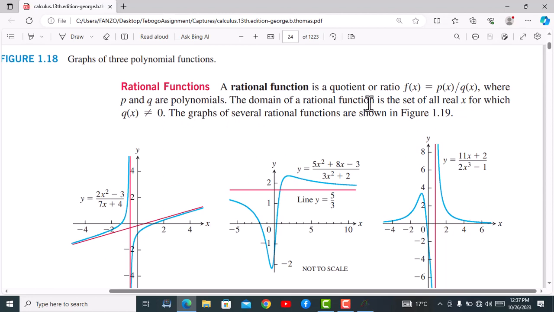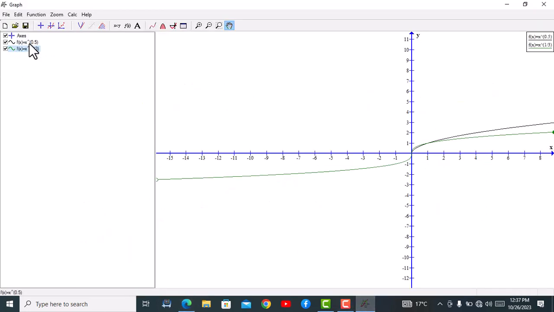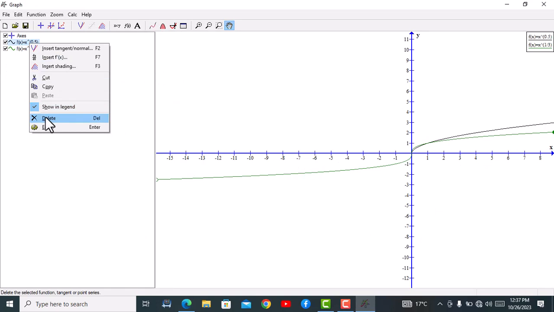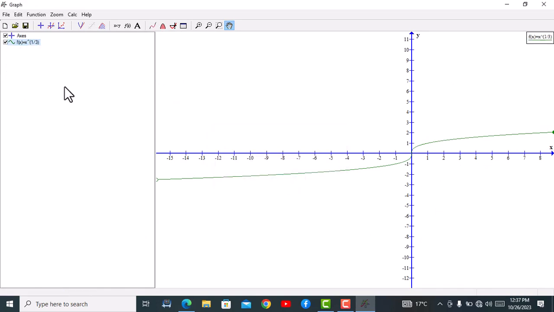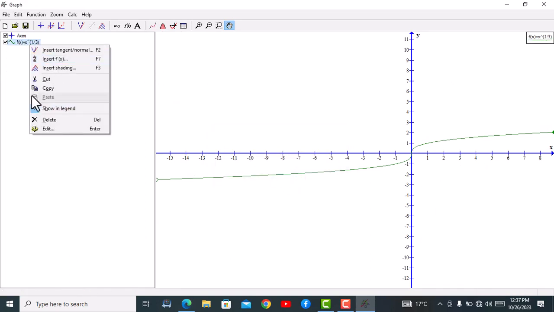The domain of a rational function is the set of all real x for which the denominator function is not equal to 0. The graphs of several rational functions are shown up here. Let us try to see whether we can represent them here graphically as we have them there.